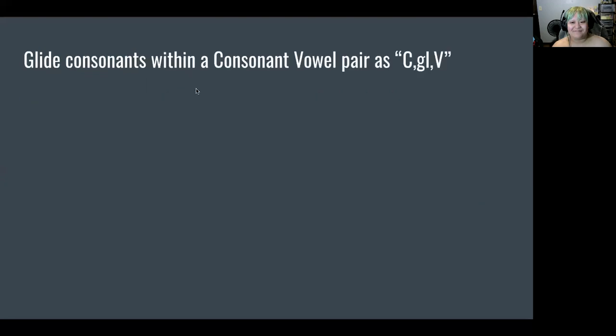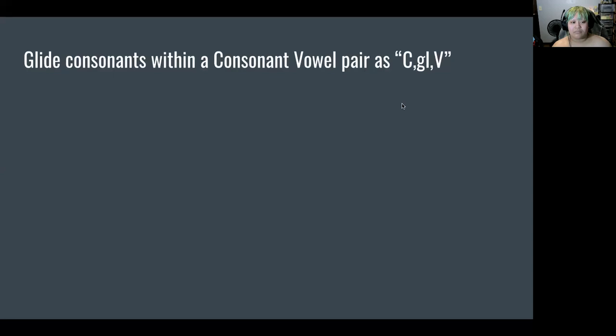Glide consonants. Fun linguistic stuff. Glide consonants within a consonant-vowel pair, so C, glide consonant, and V. A glide consonant only refers to two consonants, a y and a w sound.